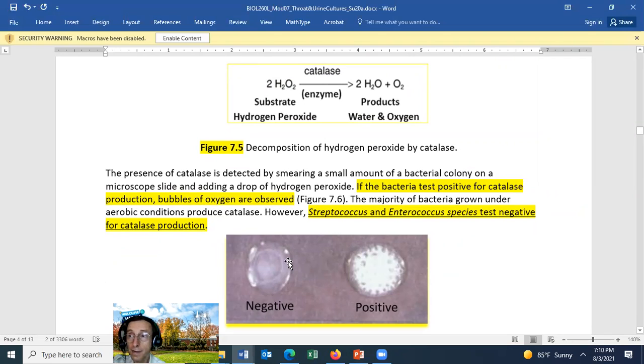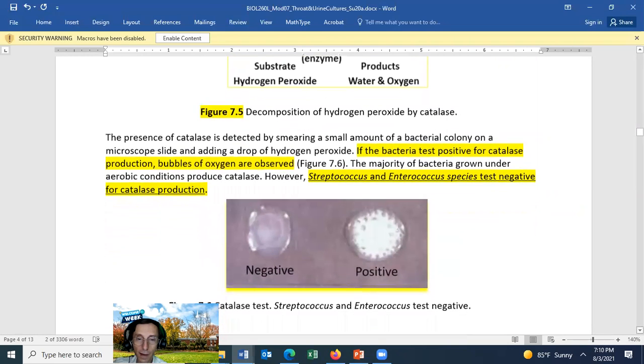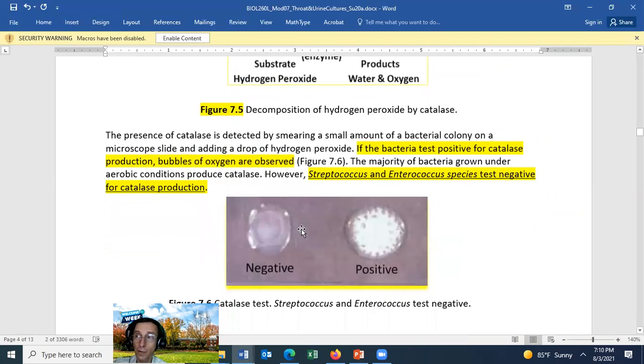If the organism is negative for catalase, why is it growing in oxygen? How come it can grow in oxygen? Does anyone remember? It has no catalase.